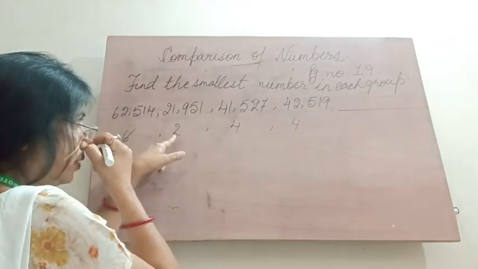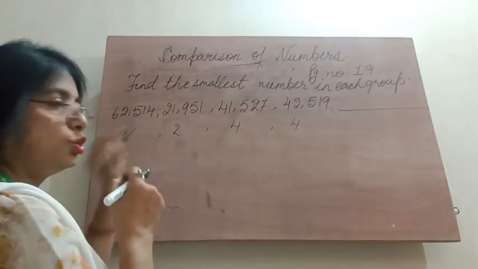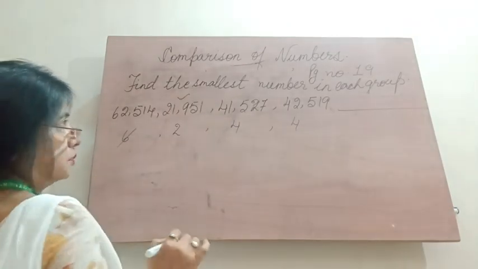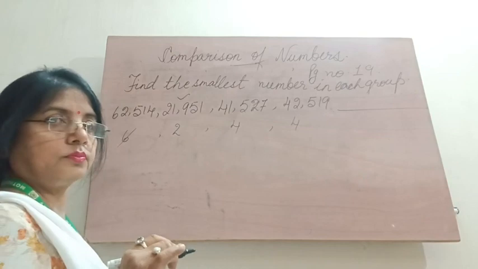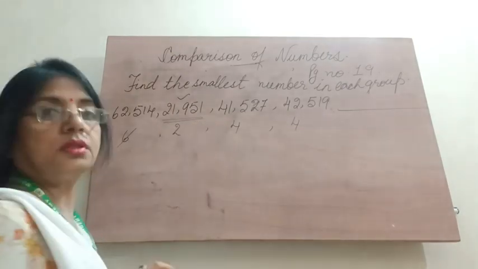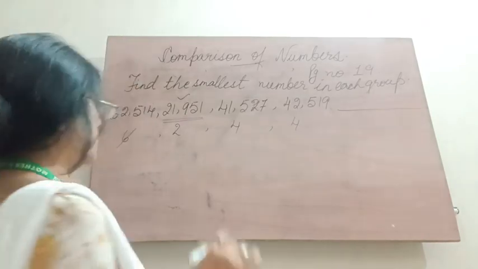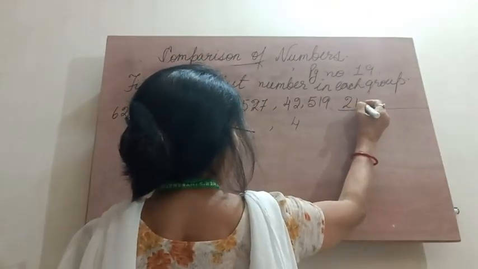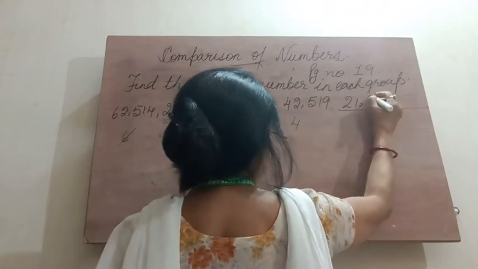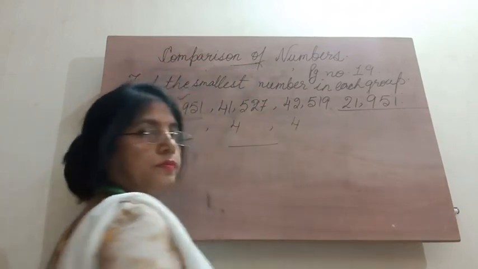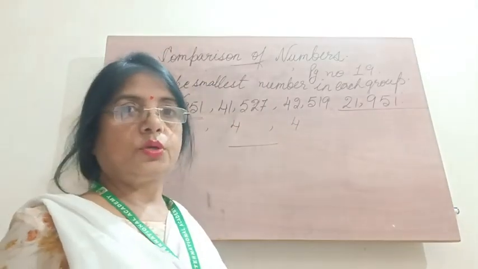So in which number do you have digit 2? This number. Yes or no? So this number will become the smallest number. And this number I am going to write here, where the space is given for the answer. Okay? Is it clear to you?